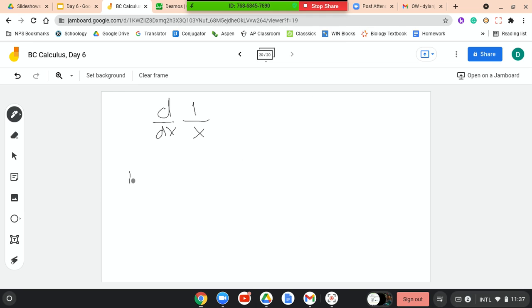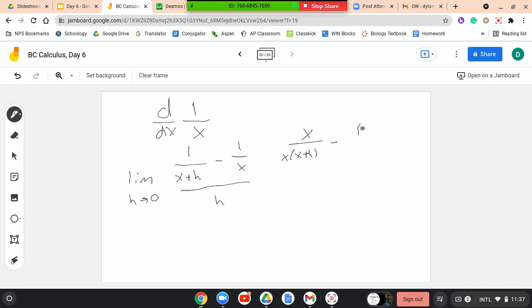All right, so the limit definition tells us it's going to be the limit as h goes to 0 of 1 over x plus h minus 1 over x, all over h, right? To get a common denominator up here, I'm going to multiply the first fraction by x over x, because that's just 1, so we're not changing the fraction.